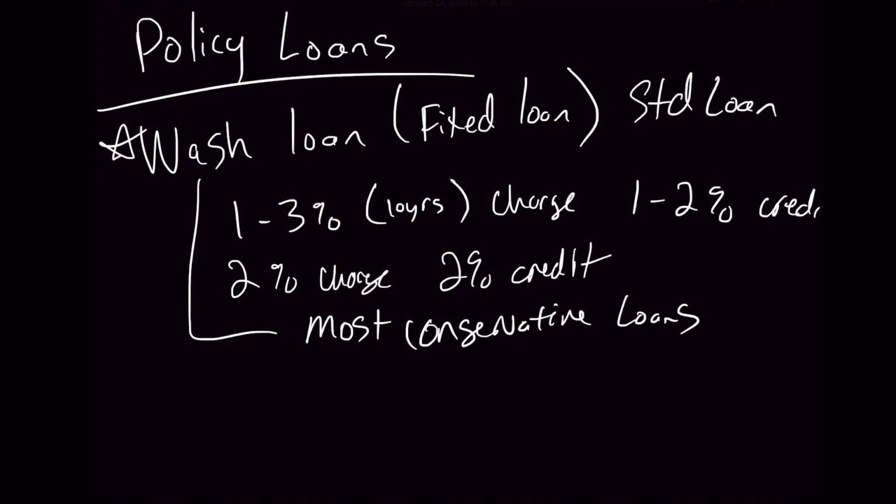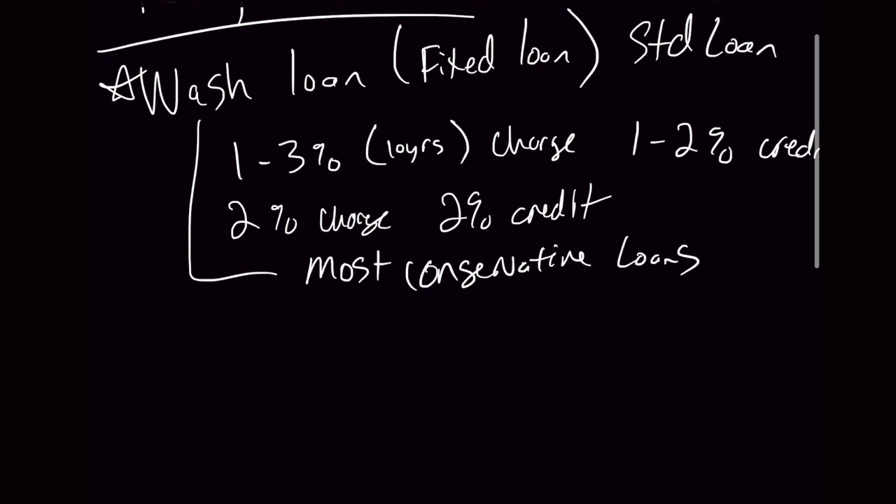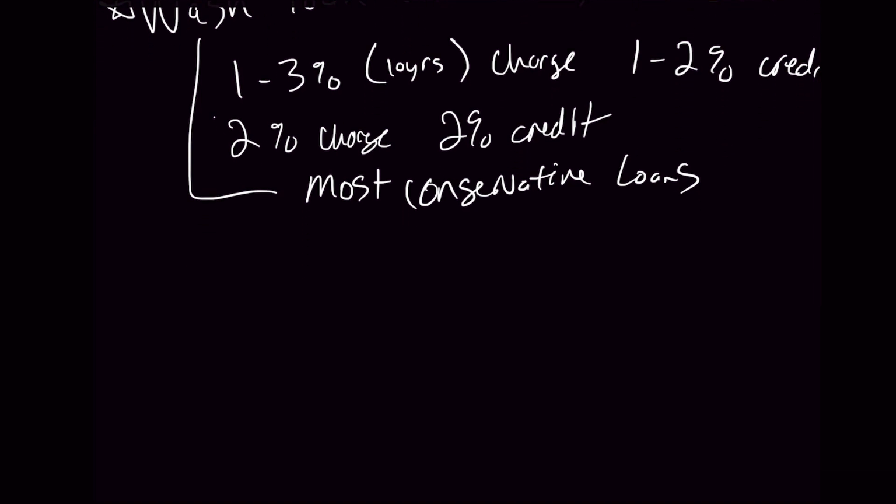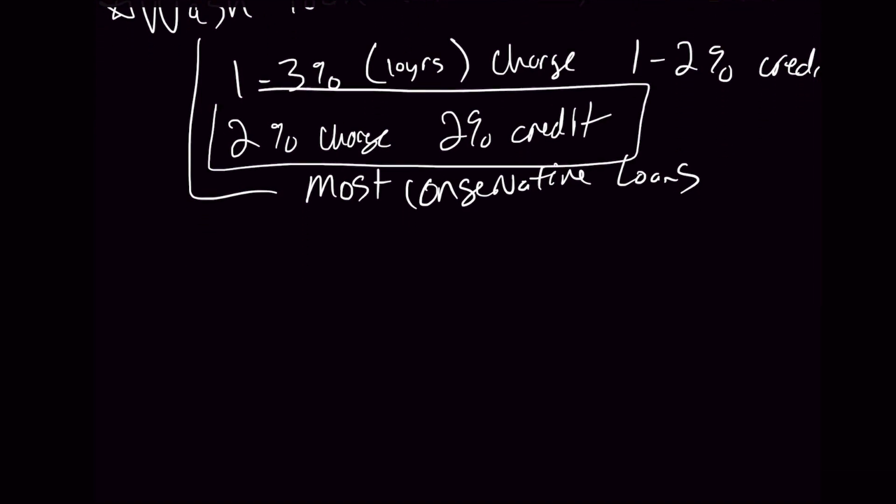I will say that just about every single company doing business in this space has this type of loan provision. There's maybe 2 or 3 that after the 10th year don't have a true wash loan where they credit you and charge you the same thing, or they might word the contract so that they're currently crediting and charging the same thing, but they have the right to increase the charge to a point where maybe it's not a true wash loan.